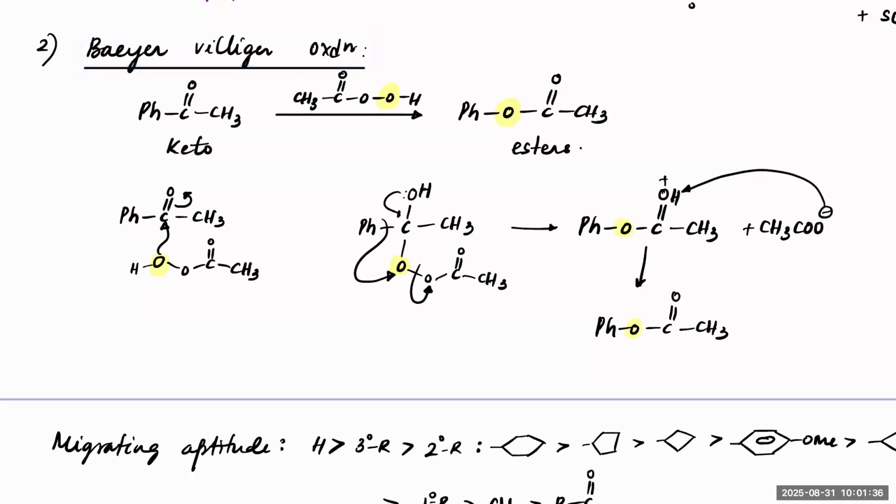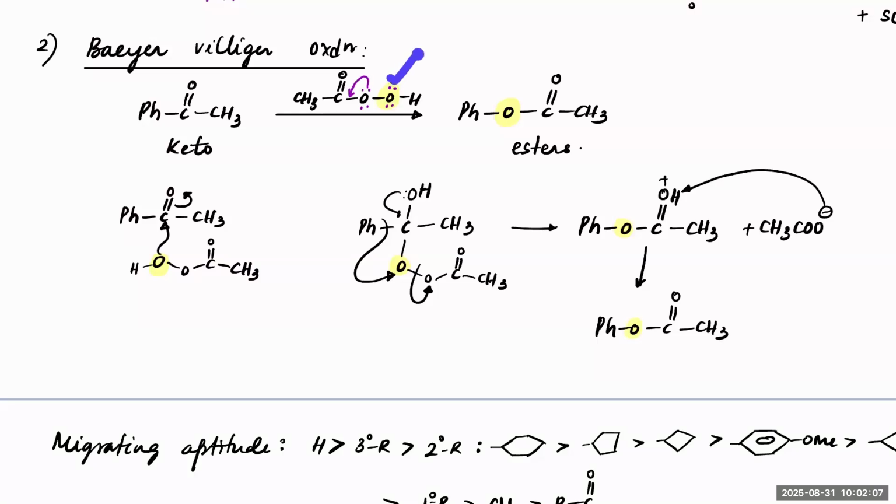This is called Baeyer-Villiger oxidation. Now you notice that this is a keto group, and if the ketone group is treated with a peroxy acid, this is a peroxy acid. In peroxy acid, the oxygen which is present has localized electrons, because these electrons are not delocalized, but here these electrons are delocalized by resonance.